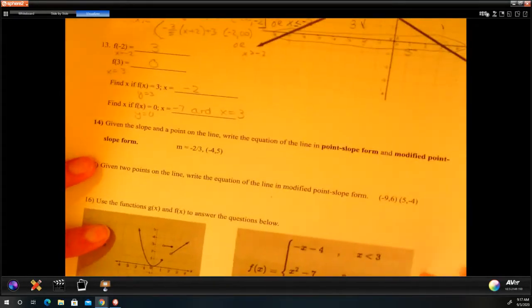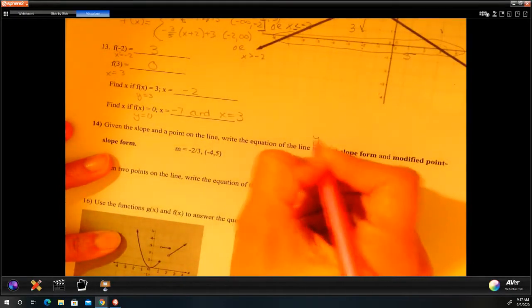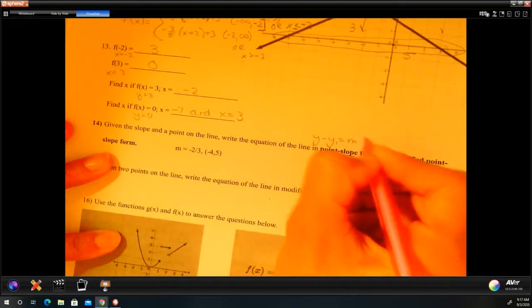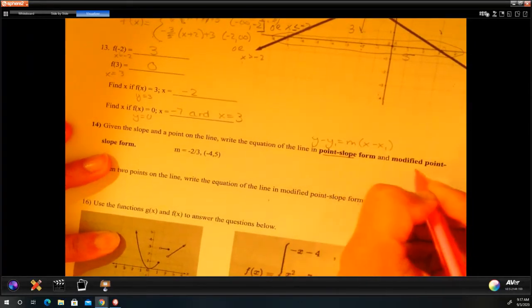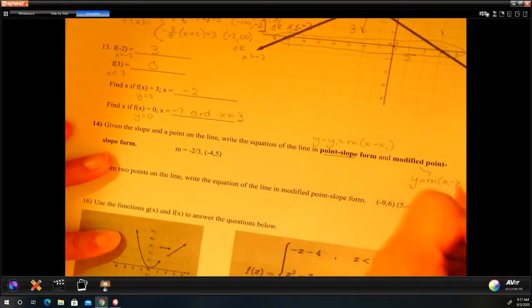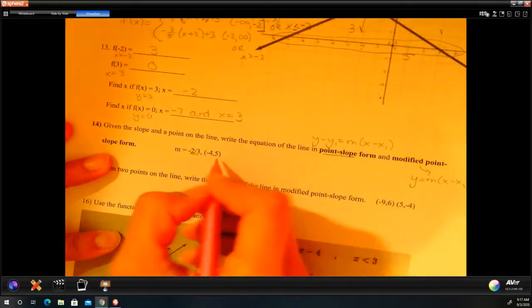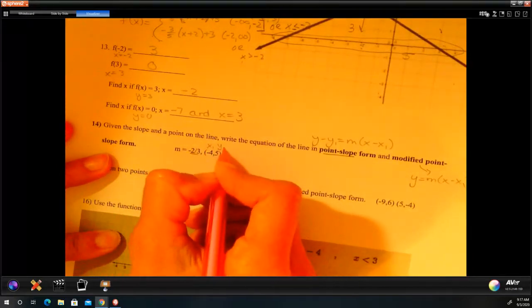Given the slope and point of the line, we're going to write it in point slope. Y minus y1 equals m(x minus x1). And modified point slope, which we've done a bunch of times already. So m is -2/3. This is my x1. This is my y1.